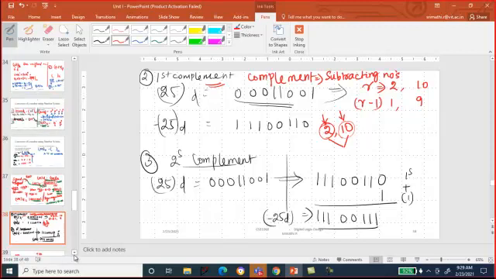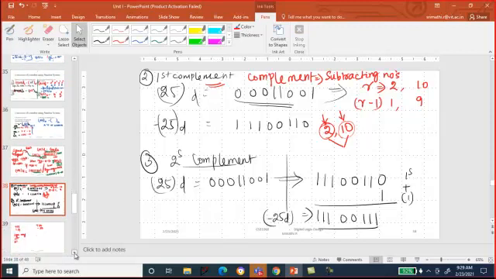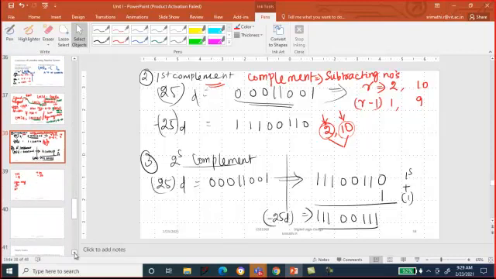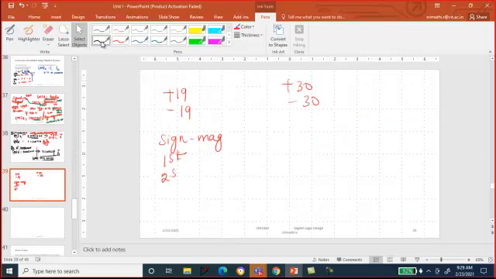I am currently at slide number 38. How will you represent plus 19 in binary?